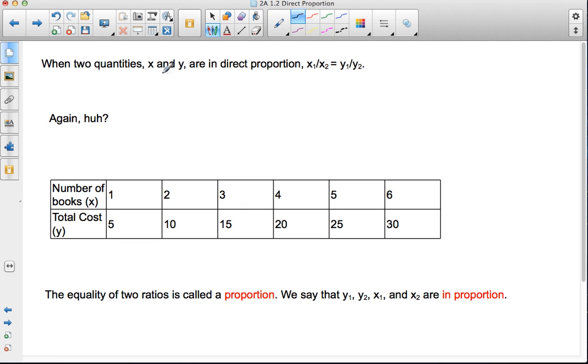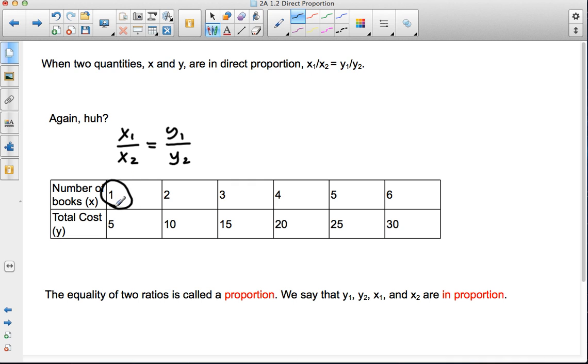Also, when two quantities, x and y, are in direct proportion, that means x sub 1 divided by x sub 2 will equal y sub 1 divided by y sub 2. If that's a little confusing, let's take a look. These are all my x values. So we're saying x sub 1 divided by x sub 2 is going to equal y sub 1 divided by y sub 2.